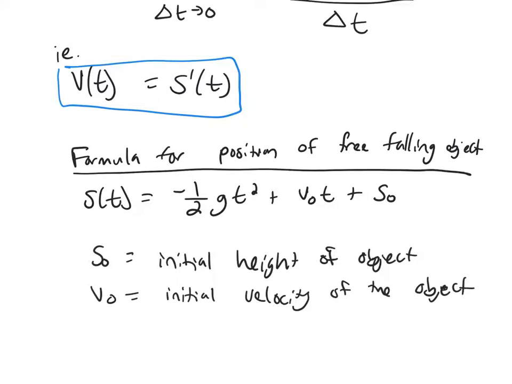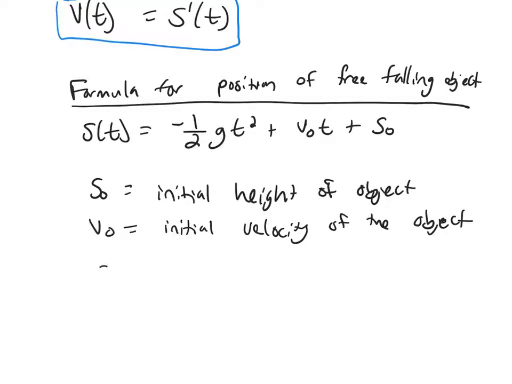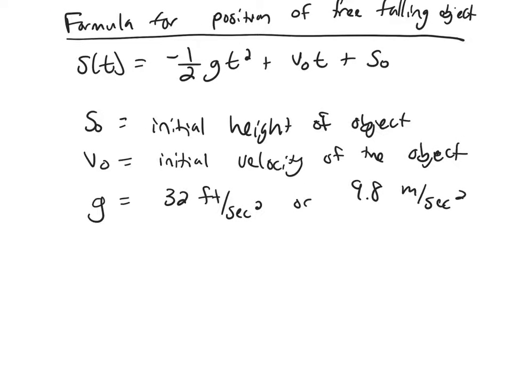And finally, this g is either going to be 32 feet per second squared, or 9.8 meters per second squared, depending upon your measurements in your problem. Are you working in feet or are you working in meters? So let's look at an example now.